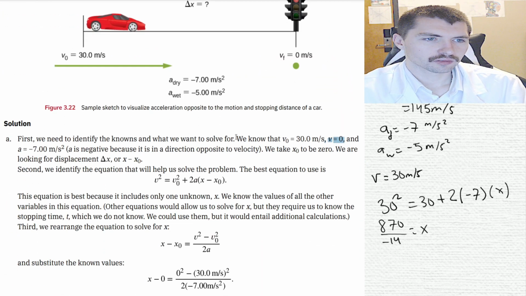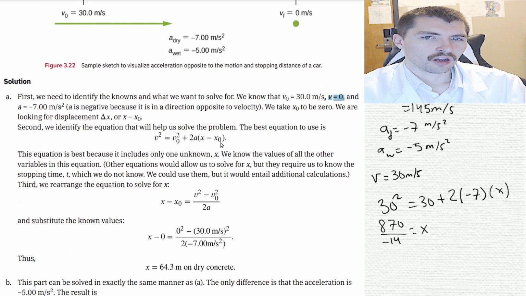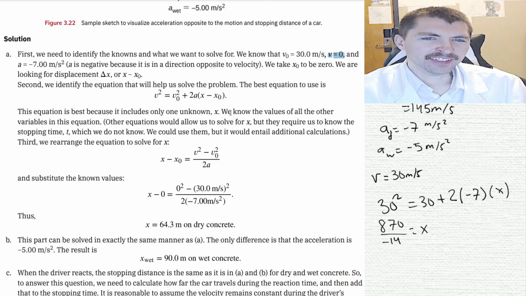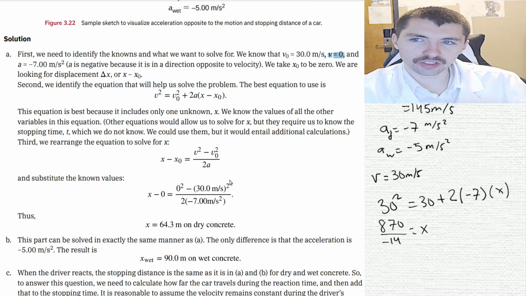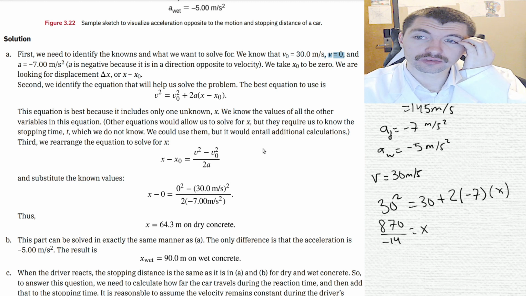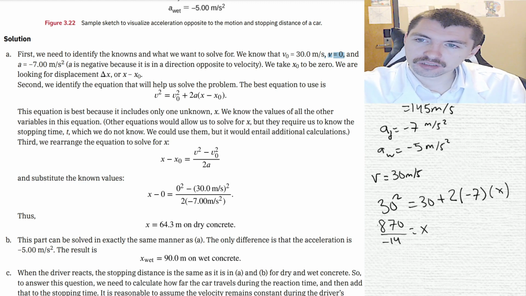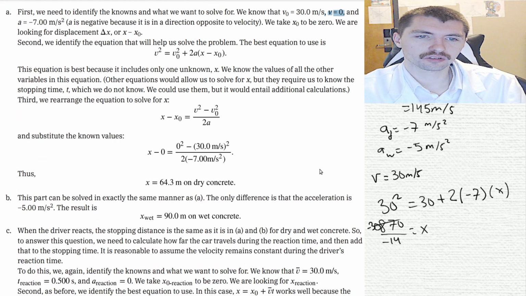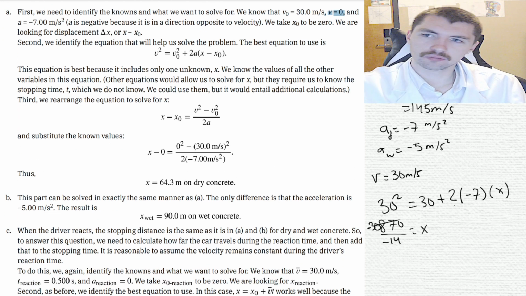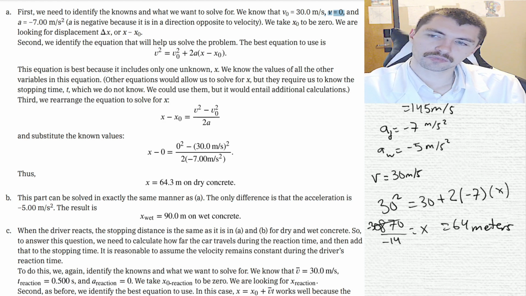So they get negative 30 divided by 14. So this should have been negative 30. And that would have given us that. Okay.